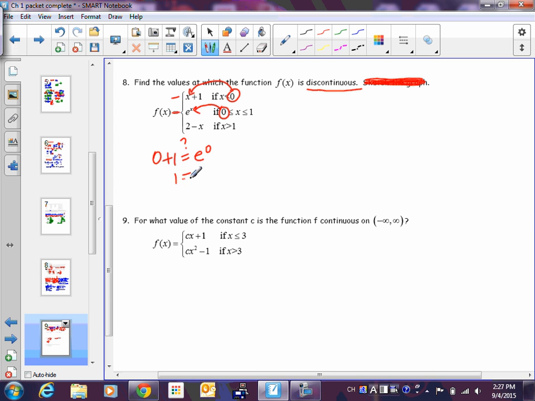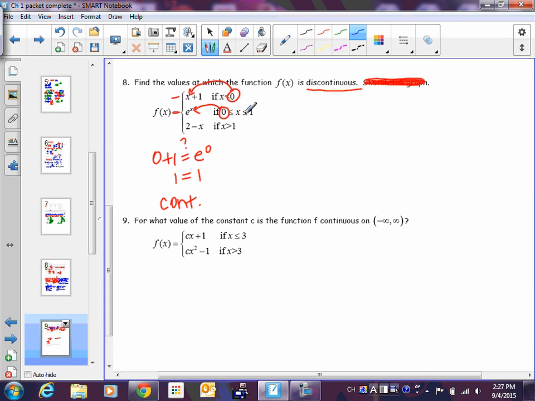Is it true? Yes. Okay, so guess what? F of x is continuous at 0. And we didn't really show the full proof, but that again is not what they're asking here. So we have continuity there. All right, so that's not my answer.